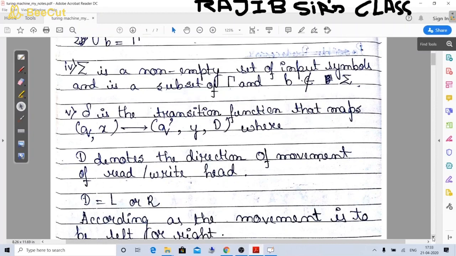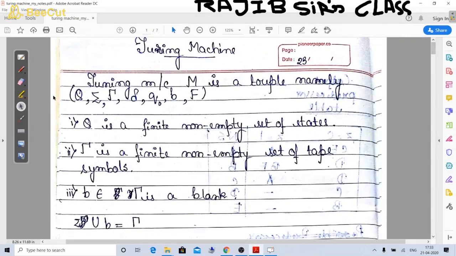One thing is very important: this B is mentioned separately, and also B is a separate tuple. In the set where we have 7 tuples for the Turing machine, you can see that B is mentioned separately. Why?